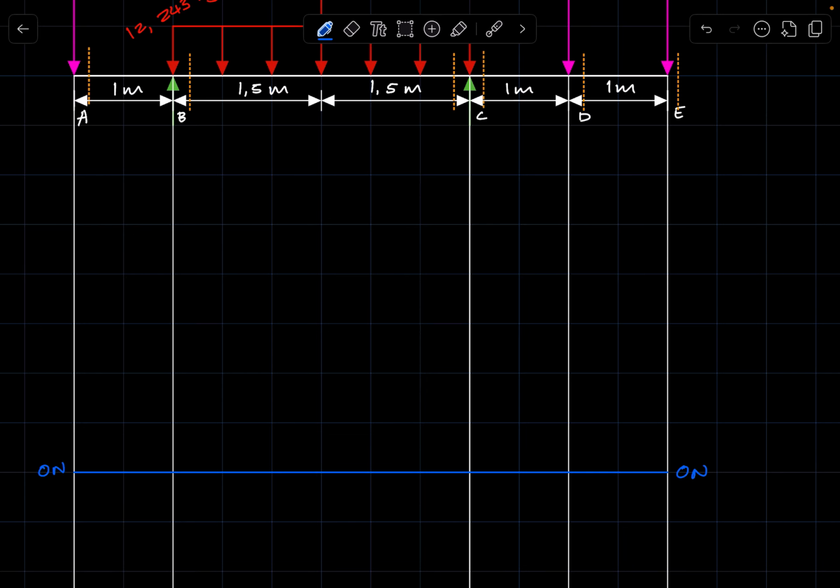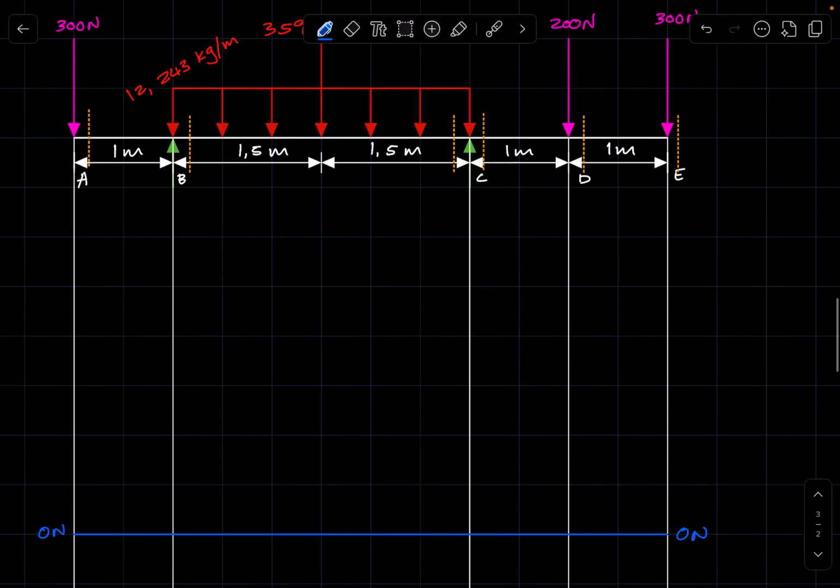So what you're going to do is, on your calculators, starting with this point A, we are now going to consider forces on the left of this section.